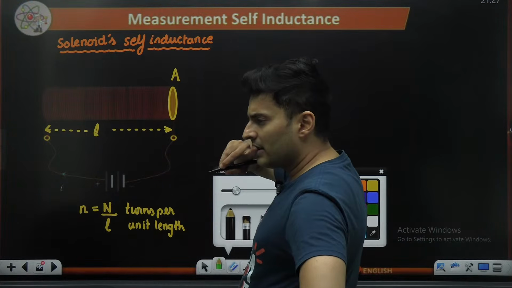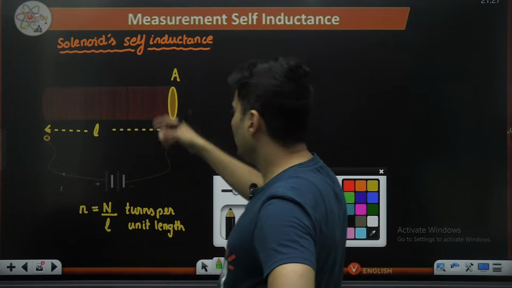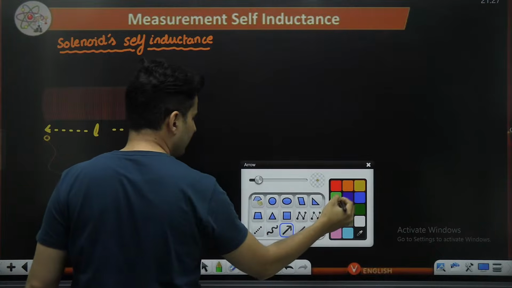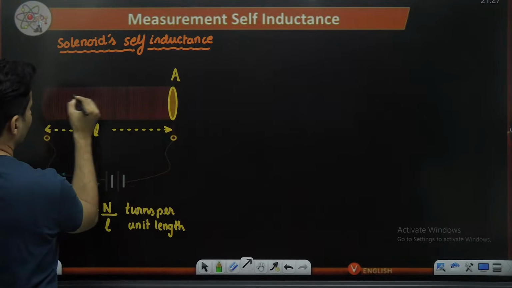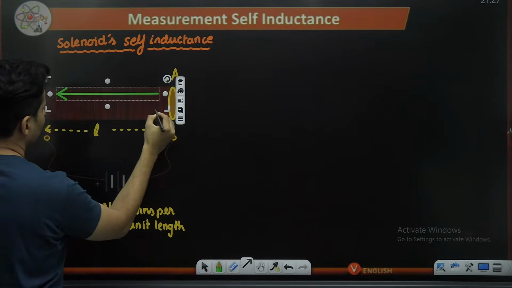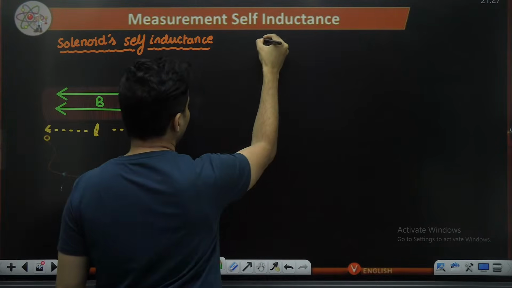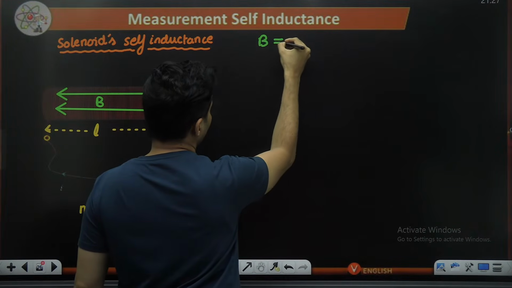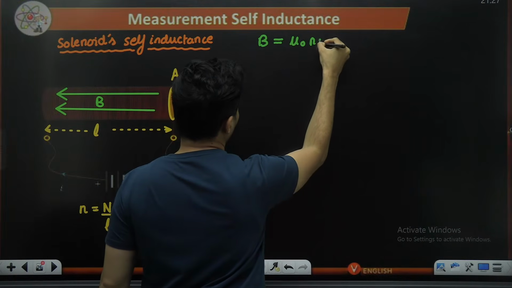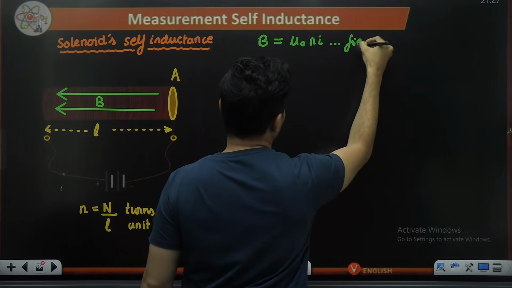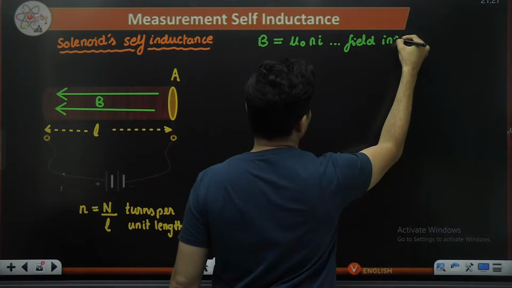To calculate the flux, the first thing I'll need is the magnetic field, and I know the magnetic field lines inside are uniform. We have discussed this before. So this magnetic field inside is mu naught n i.